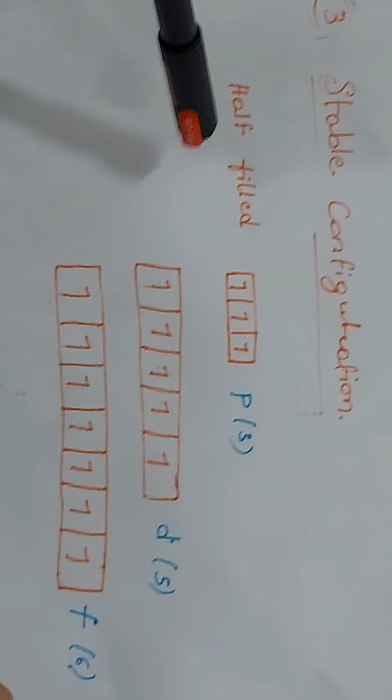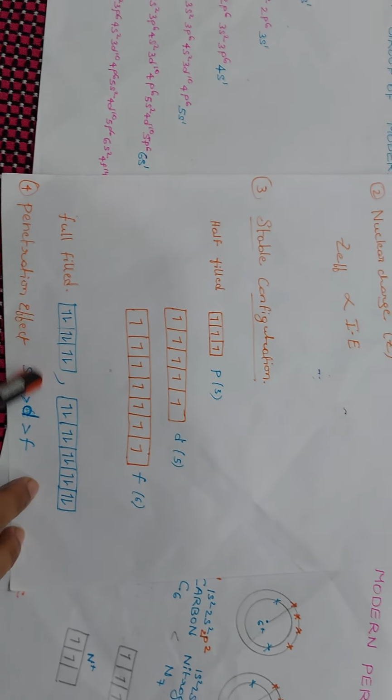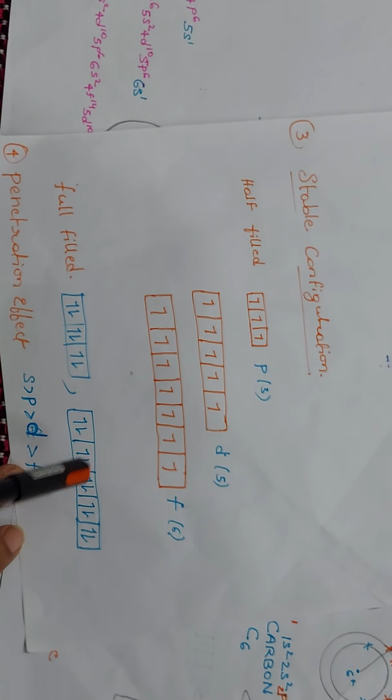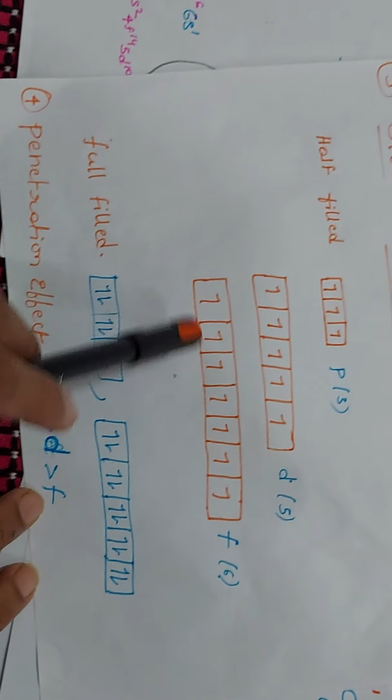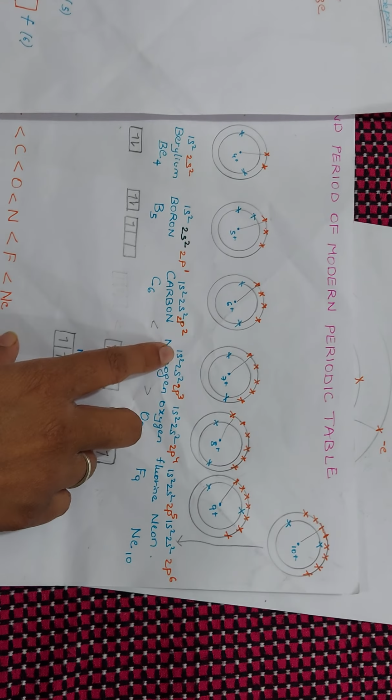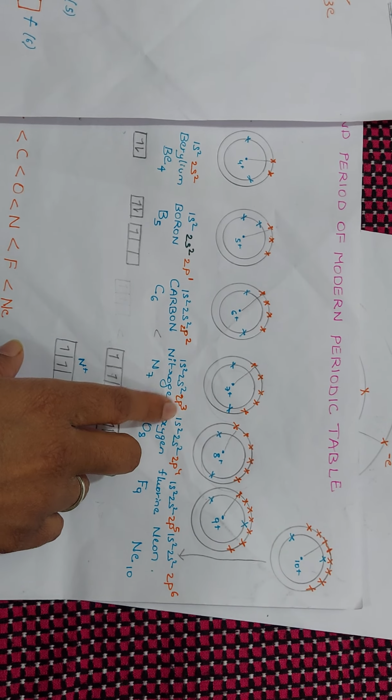One is half filled and the other one is fully filled. Fully filled means for p orbital 6 electrons, for d orbital 10 electrons, and for f it is 14. So see, in case of nitrogen, the configuration is 1s2, 2s2, 2p3.